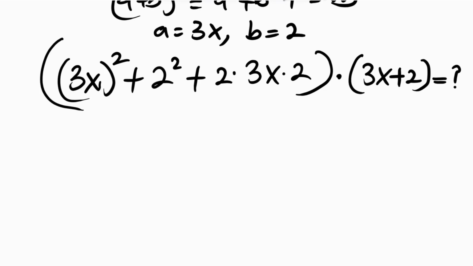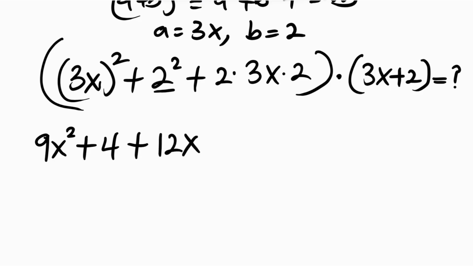Okay. So now (3x) squared will give us 9x squared, plus 2 squared is 4, plus 2 times 2 is 4, times 3x will give us 12x.